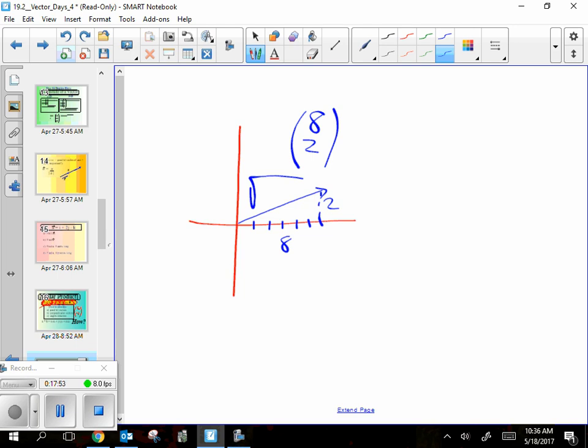You just jump right to the square root of the other ones squared, which are 64 and 4, and what should I do with them? Add them. Square root of 64 plus 4, so the square root of 72. You get how I can find the magnitude of this vector really quickly by just knowing it's going to be the square root of that squared and that squared.